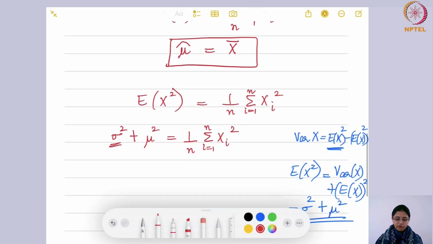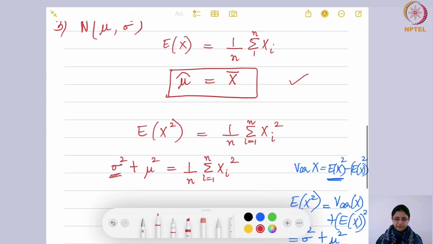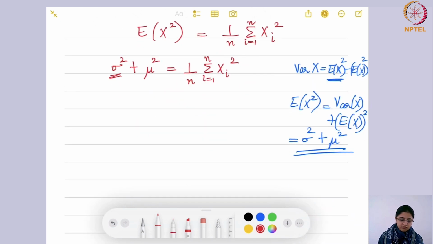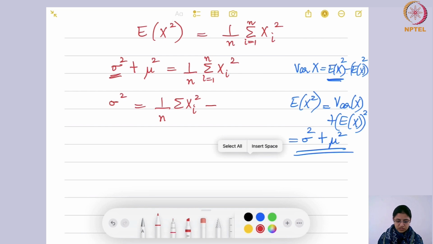For mu you have already found an estimate, so you can substitute that estimated value here. So sigma square would be 1 over n summation xi square minus mu square. Mu square is basically your sample mean square, x bar square.